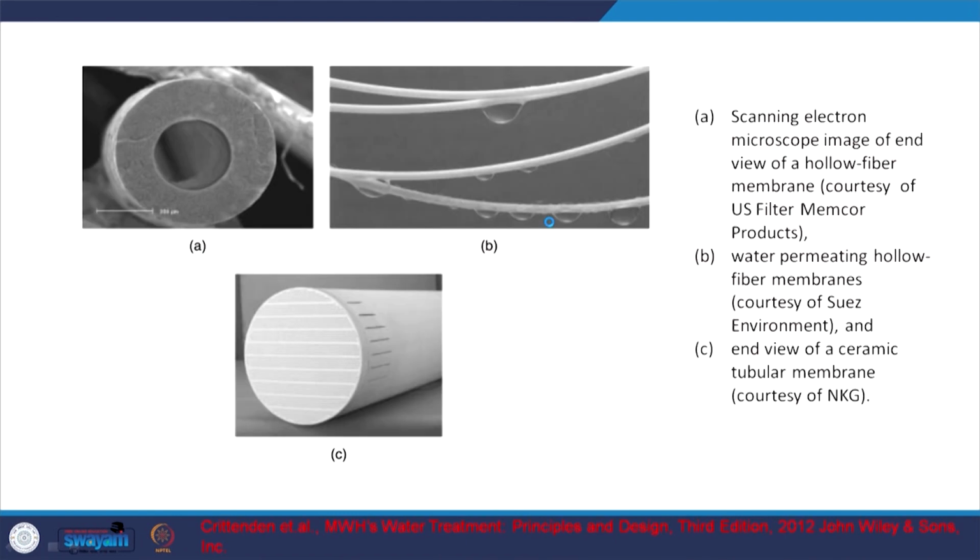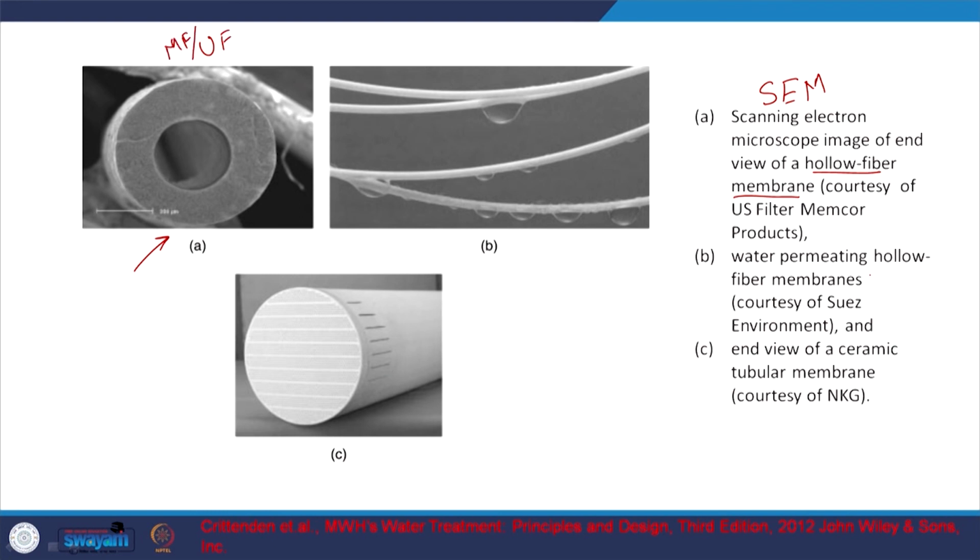So, let us move on, and here we are looking at this particular membrane. Earlier we cut this and looked at it. These are again SEM images, of a hollow fiber membrane usually used for microfiltration and ultrafiltration.